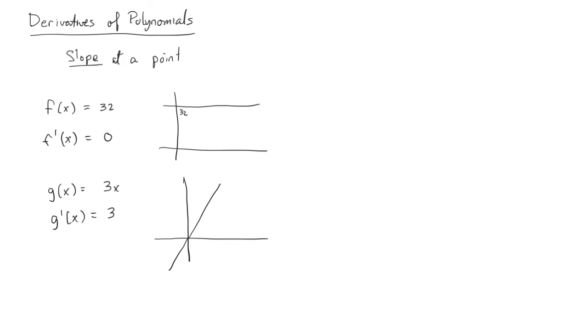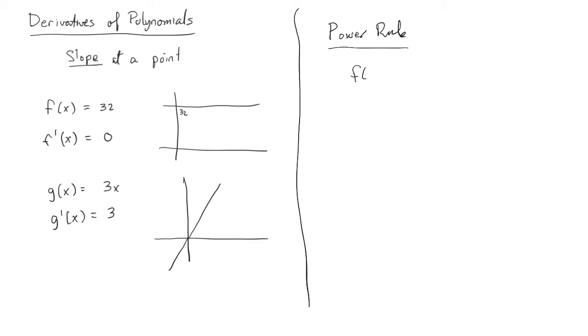Now to build on this, I want to look at the idea of what we call the power rule. And so the power rule says if I have any function, reuse the letter f of x is equal to x to some power, then its derivative will simply be equal to the power times x raised now to 1 less than the power you had before.